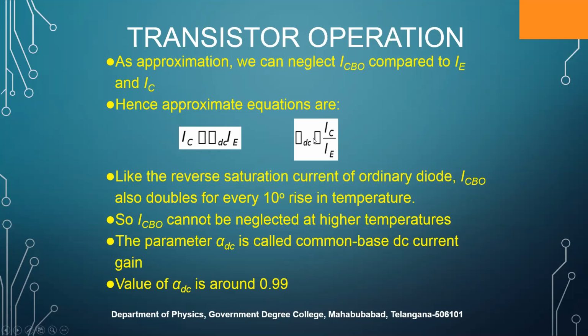That's why alpha DC will always be less than 1. That's why alpha DC value will always be around 0.95 to 0.99. That depends on the type of transistor we are taking.